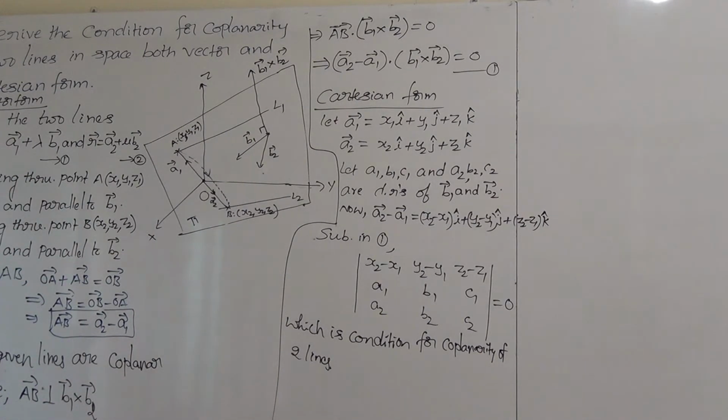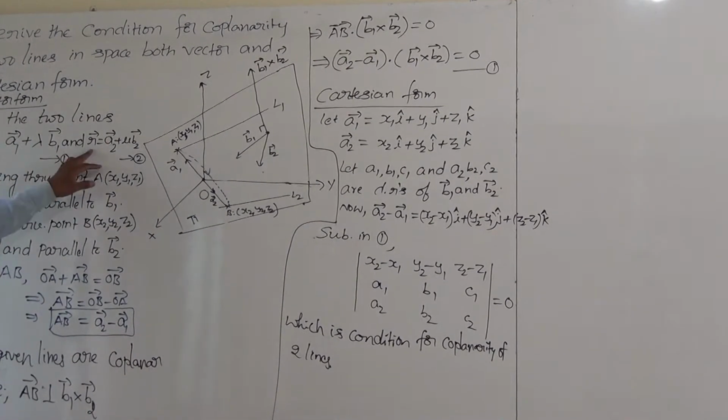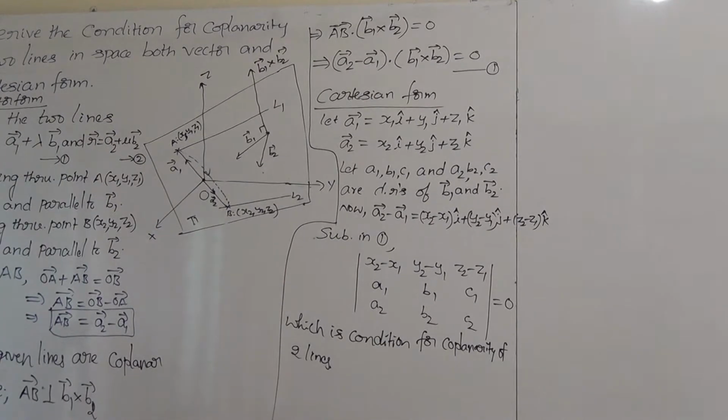Remember all of you, the condition for coplanarity of two lines is a very important theorem, and it is very easy to solve the question. To derive the condition for coplanarity of two lines, take the two lines in vector form. R bar is equal to A1 bar plus lambda times B1 bar. R bar is equal to A2 bar plus mu times B2 bar. Equation 1 passes through the point A and is parallel to B1 vector.